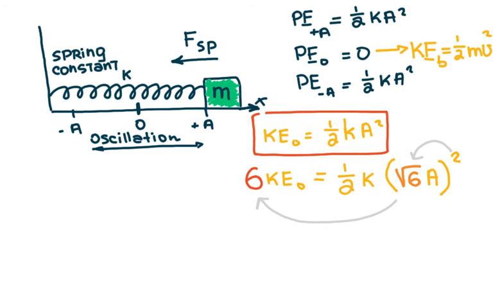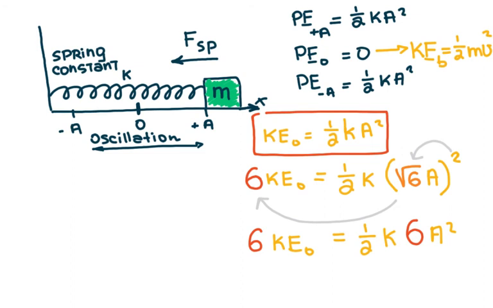So I get 1/2 K, and the square root of 6 squared gives me 6, and then I have A squared, which gives me 6 times the kinetic energy I used to have initially.